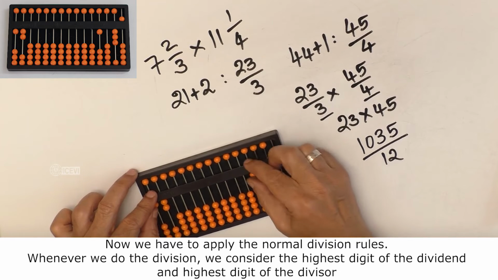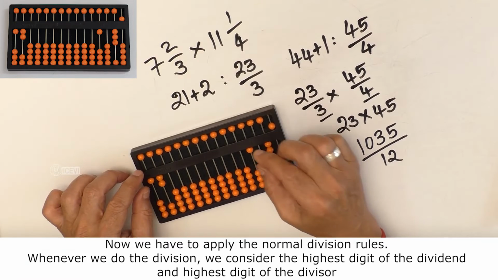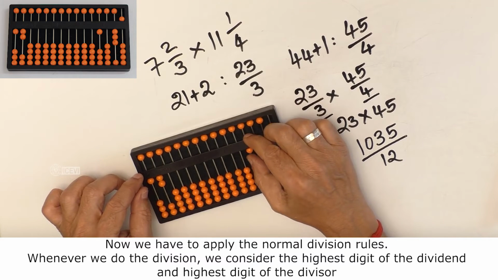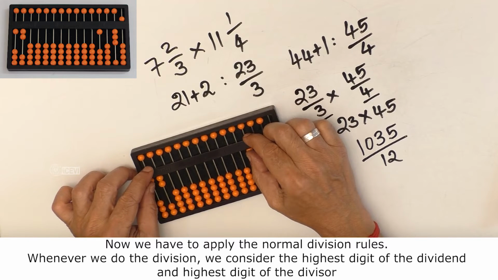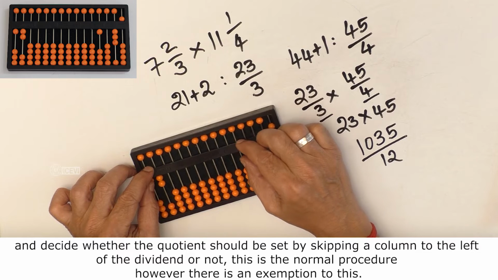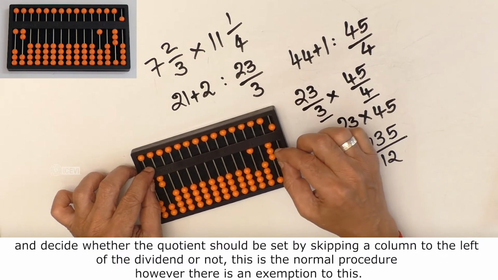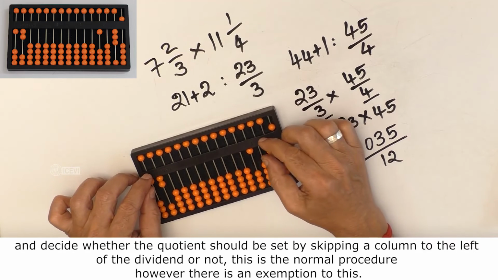Now we have to apply the normal division rules. Whenever we do the division, we consider the highest digit of the dividend and the highest digit of the divisor and decide whether the quotient should be set by skipping a column to the left of the dividend or not. This is the normal procedure.